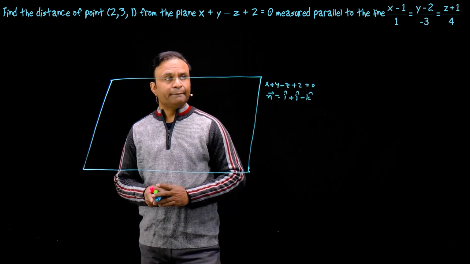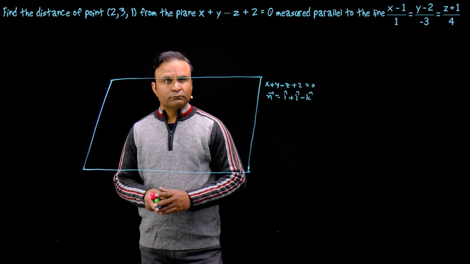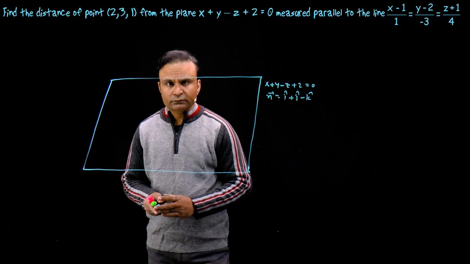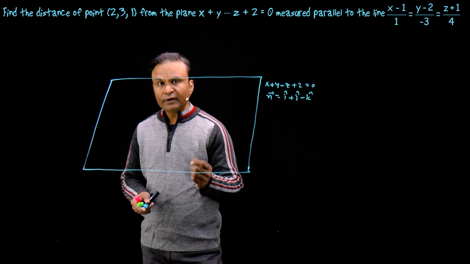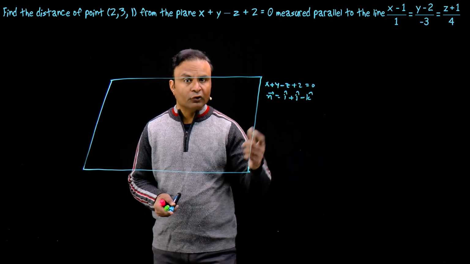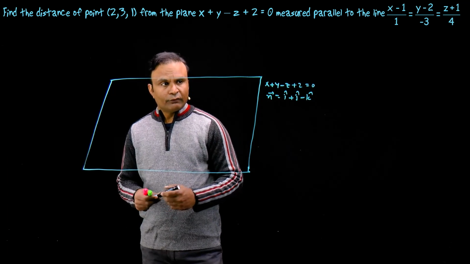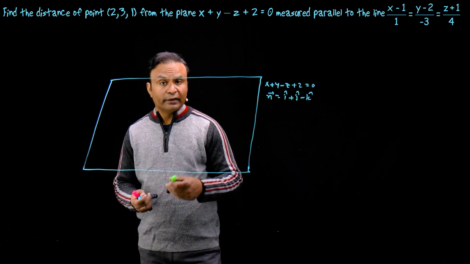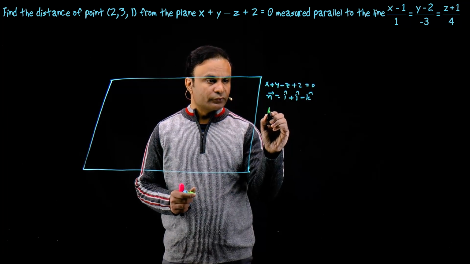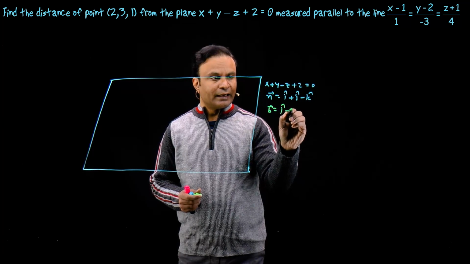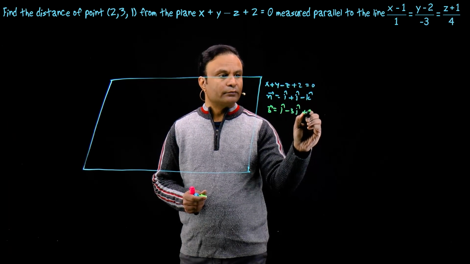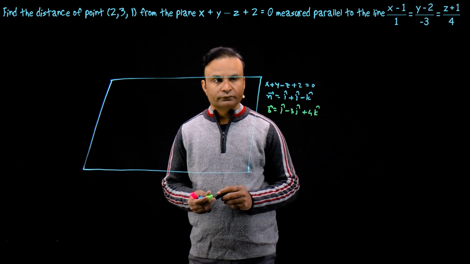Now we have the line. How do you draw this line? First we have to check the vector of the line and the vector which is normal to the plane. Now the vector along the line, suppose that is vector b, is i minus 3j plus 4k.